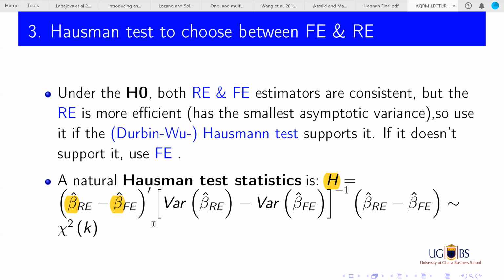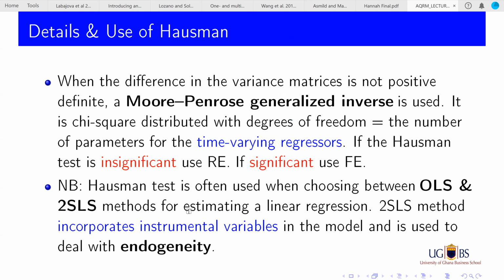So this whole thing can come below because of the power of -1. It can come as a denominator: the variance of the random effect and then the variance of the fixed effect. And this is chi-square distributed. In other words, it's not normally distributed.